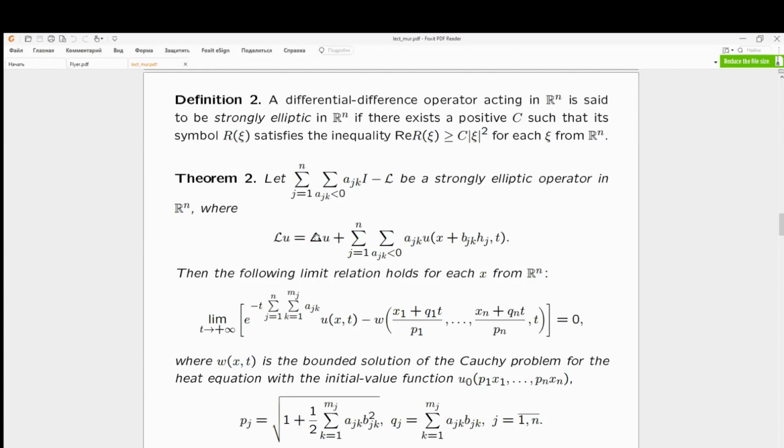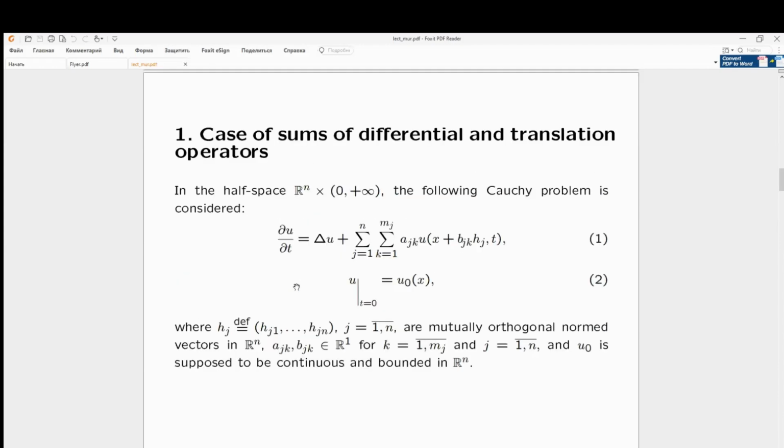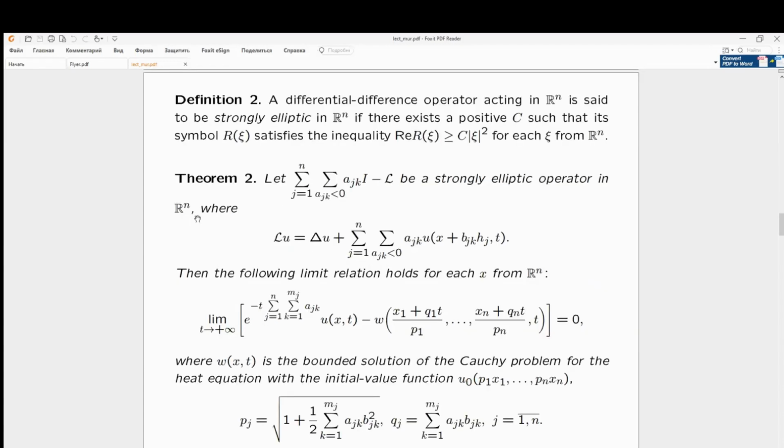If we compare operator L calligraphic with the operator from the right-hand side of our equation, look, this one and this one, then we see that we take the right-hand side of our investigated equation and discard all terms with non-negative coefficients.